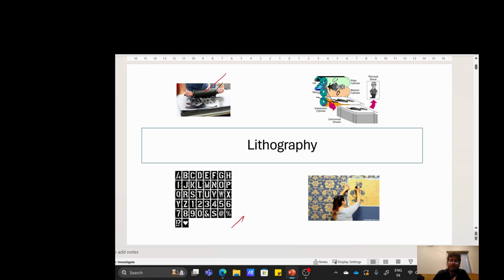So that pattern on the cylinder will be transferred onto the paper or whatever there is underneath. This is kind of a roll to roll printing that happens in newspapers. Newspapers are printed like this. Lithography is printing only.